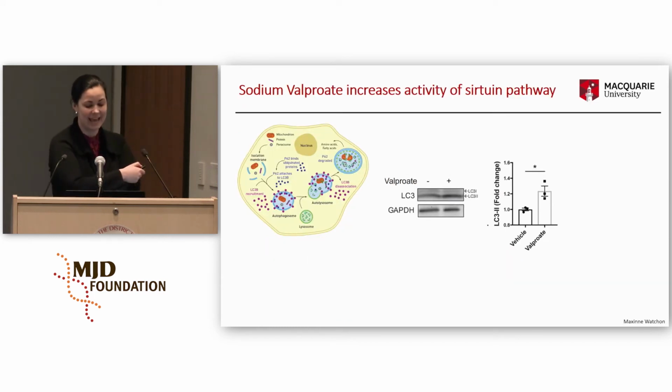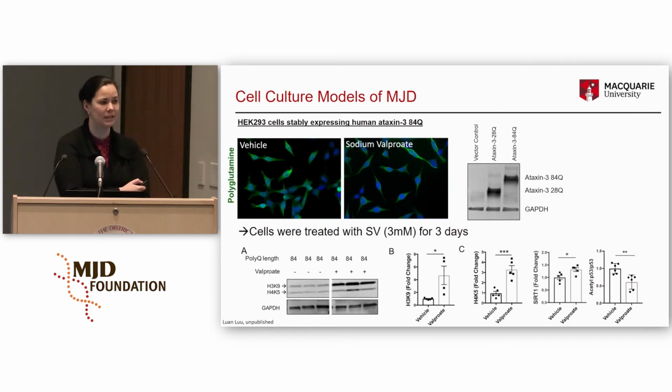So first of all, in the zebrafish samples, Maxine quickly confirmed that following sodium valproate treatment, there is an increase in LC3-1 levels. And then we expanded the study also into HEK cells to confirm whether this treatment on these cells also resulted in induction of this pathway.